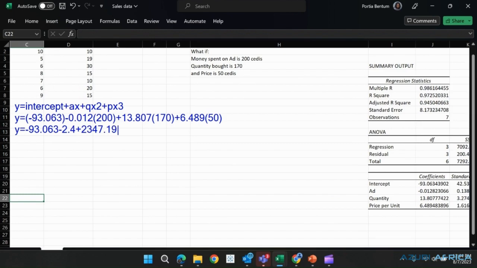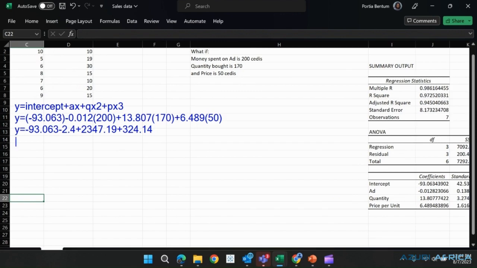We are going to add the last one, which is plus 6.489 multiplied by 50. So that is going to give us 324.15. So we are going to add the total, right?